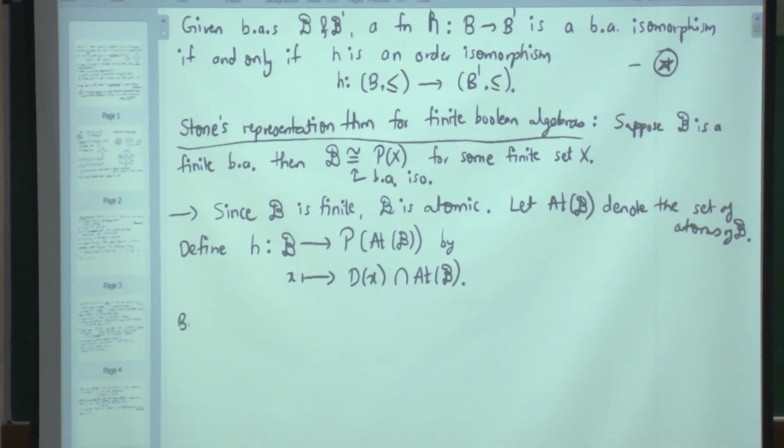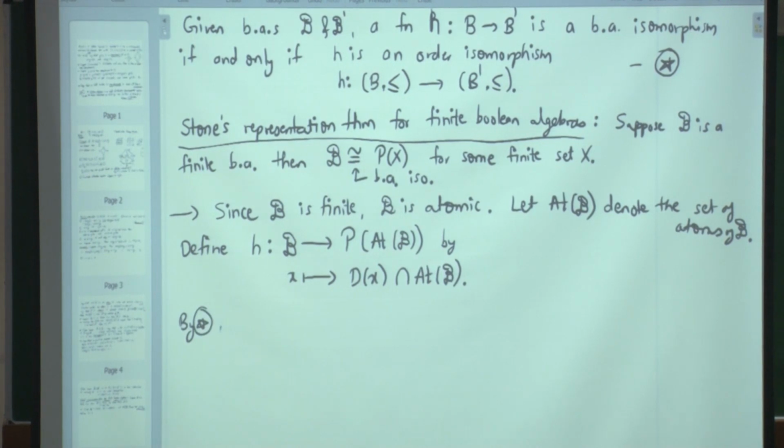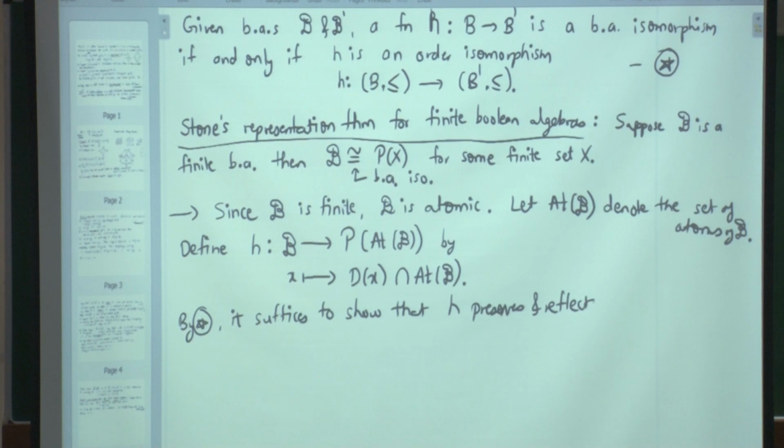By star, it suffices to show that h preserves and reflects order and h is surjective.